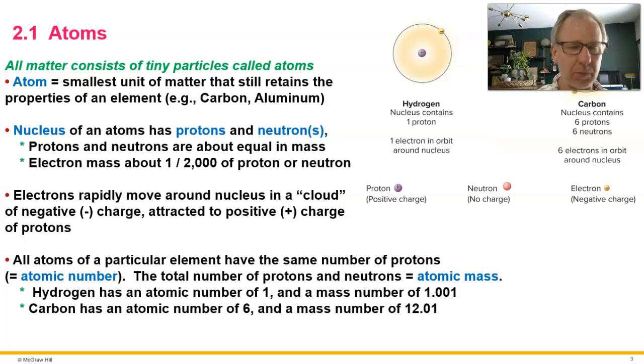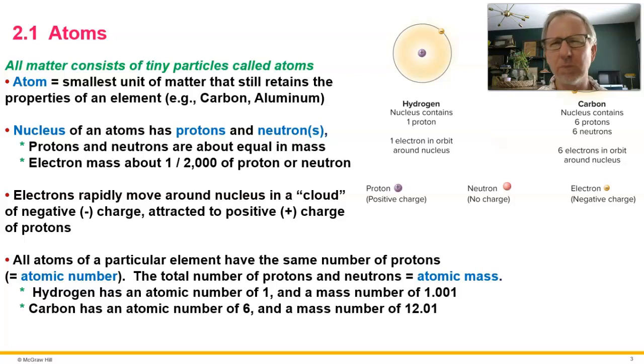So for example, you could identify or isolate an atom of carbon, one little particle that represents that element called carbon, and it has the chemical properties of carbon. Likewise, if you're holding an aluminum can, then that aluminum in there is one of the elements. So that can is made up of however many gazillion atoms of aluminum.